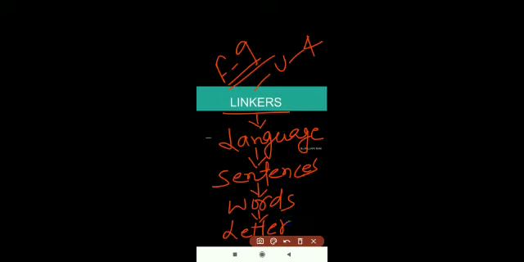Now what is the meaning of letter? We know the English language has 26 alphabets. It means the English language has A to Z, and these are called alphabets, and these alphabets are also known as letters.